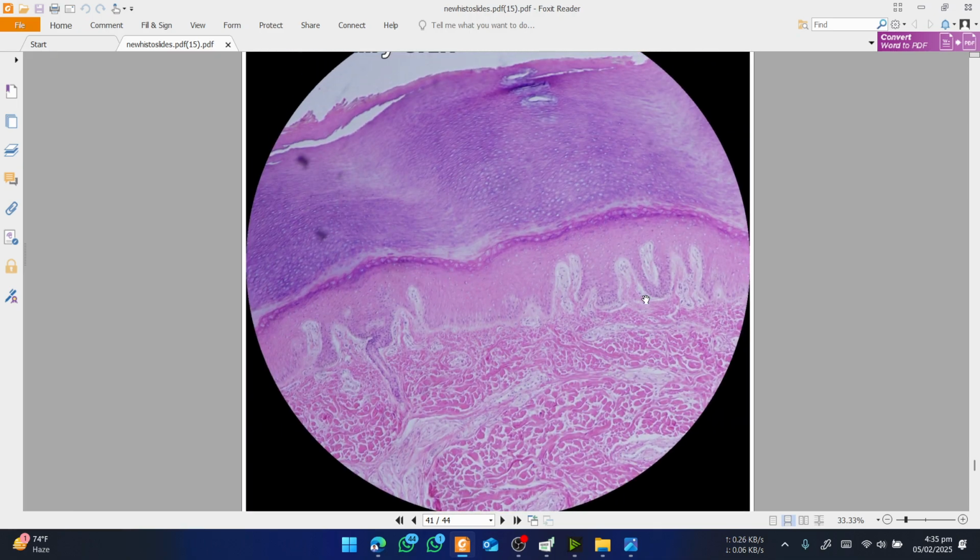Non-hairy skin: you will see stratified squamous keratinized epithelium, not any hair. And this is also thick skin. Thick skin is identified by a large number of cells, its thickness, and it is also identified by this part.